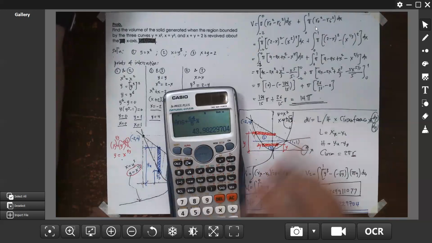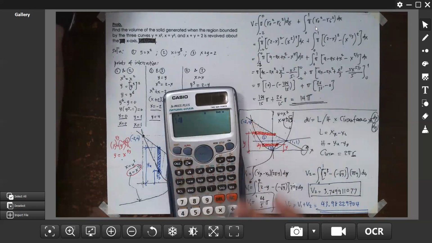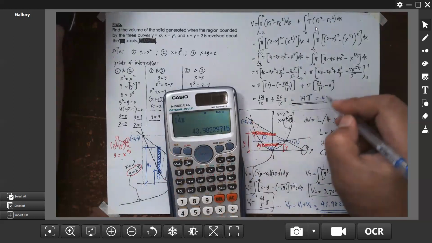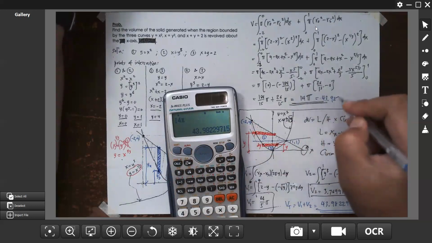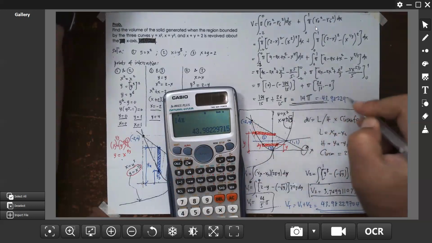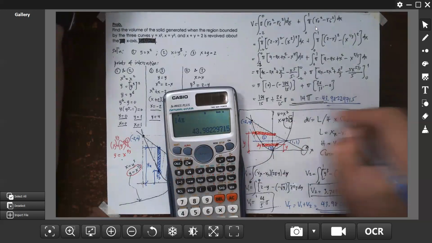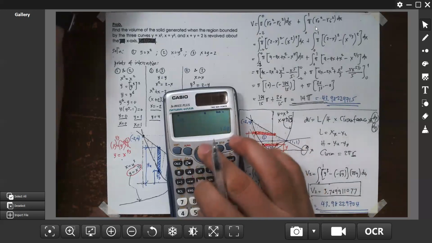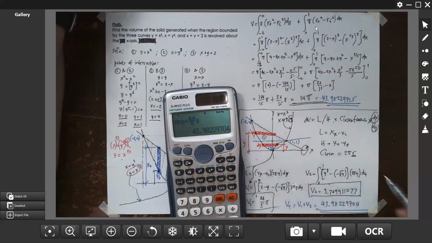If we check 14 pi, this is also equal to 43.98229711. Similar, I mean, the same.